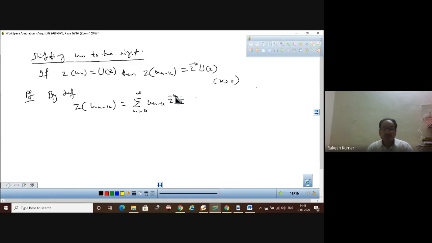Suppose we start with n equal to k. Then k minus k will be 0, and the term is u of 0 z raised to power minus k.